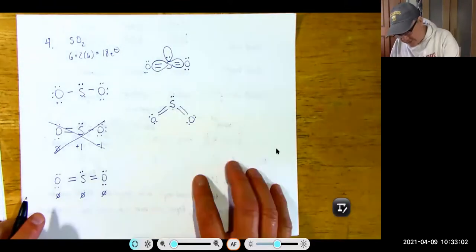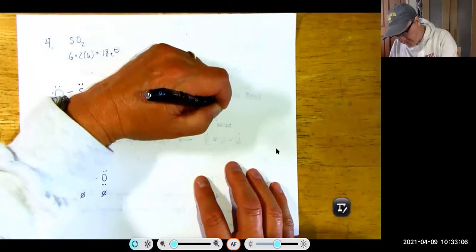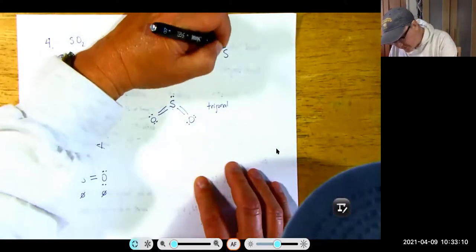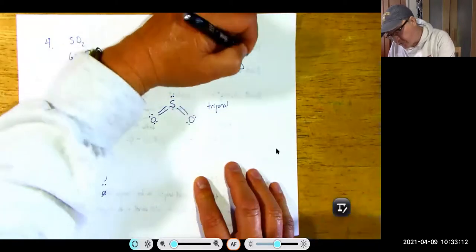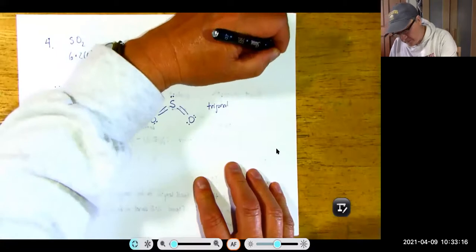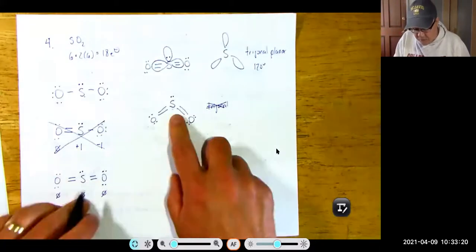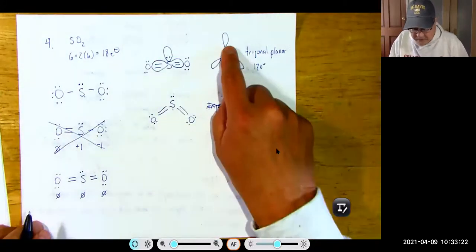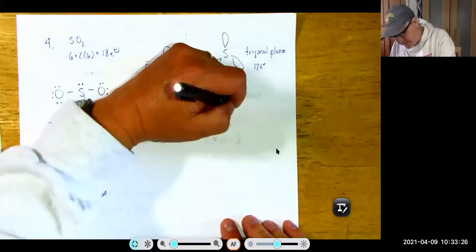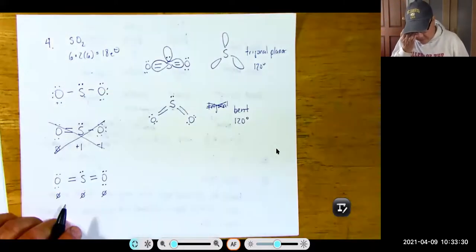So we call this trigonal planar, and these are 120 degrees. What do we call this where one of the pairs is a lone pair? We call this bent. But the angles are still about 120 degrees.